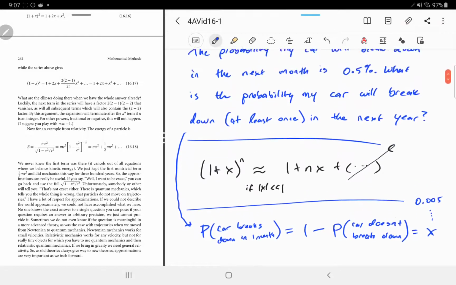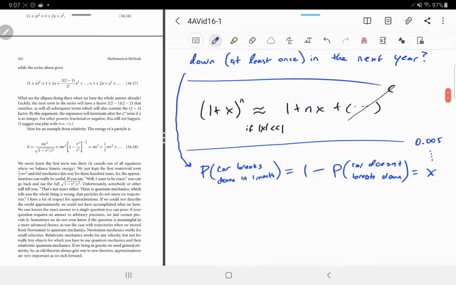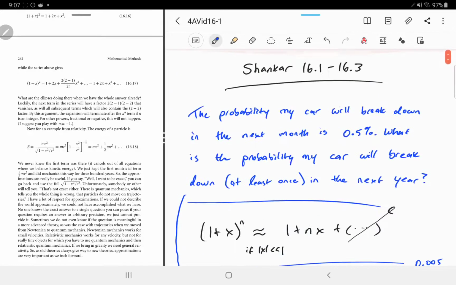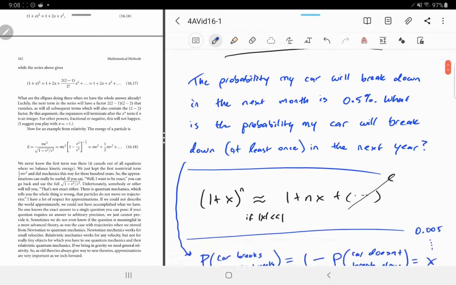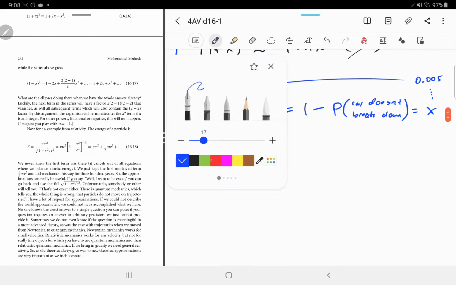So the better way to think about it is it's probably not going to break down, to very good accuracy. And it has to not break down 12 times. You probably arrived at an answer pretty quickly, but this is the way that logically you have to think about it.